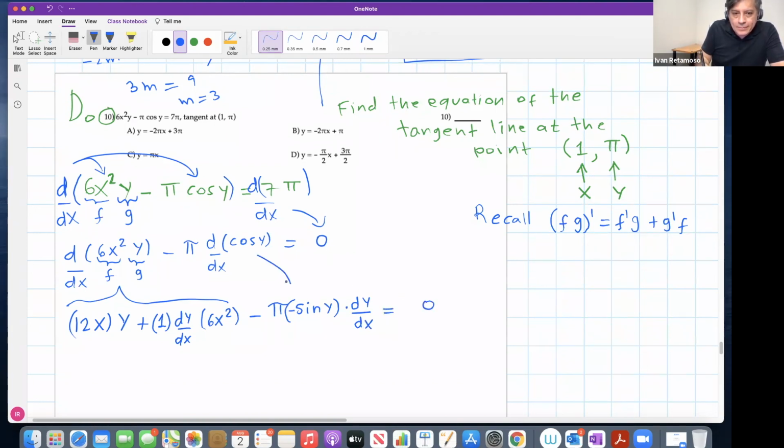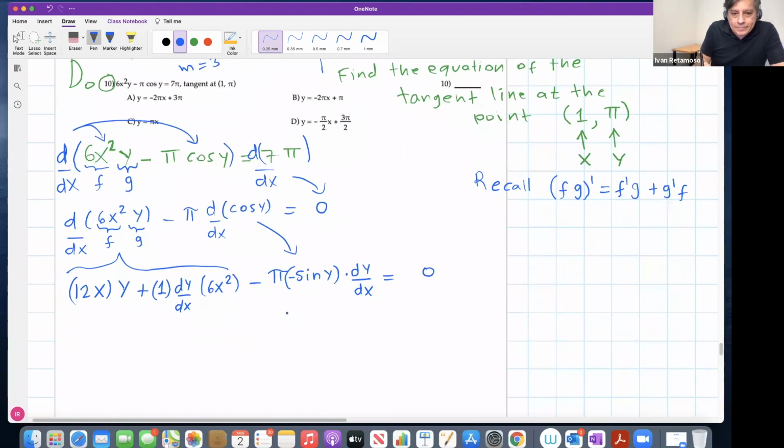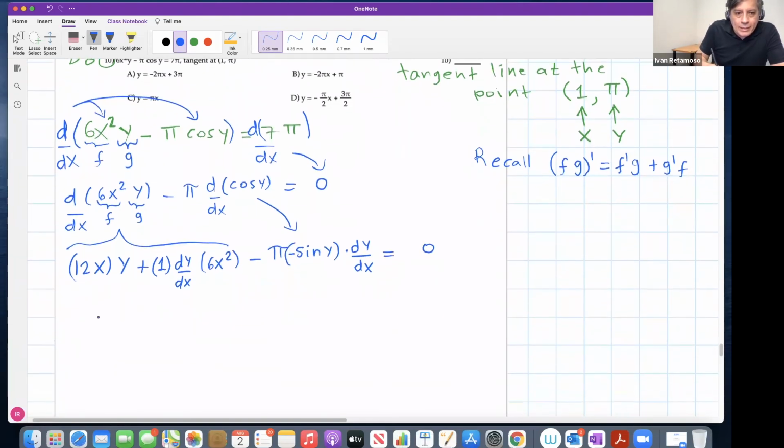So notice minus and minus is plus, right? So let's rewrite this whole thing nicely clear. 12xy plus dy dx times 6x squared, minus and minus plus, right? Plus pi sine of y dy dx.